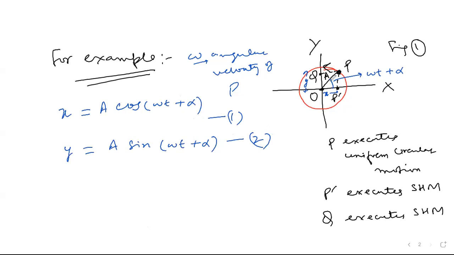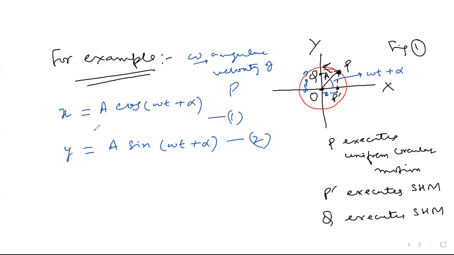So x is a cos(omega t plus alpha) because it is the projection of OP on the x-axis, and y is a sin(omega t plus alpha) because it is the projection of OP, that is OQ, on the y-axis. So as P moves, P prime moves, Q moves, and hence x and y change with time.